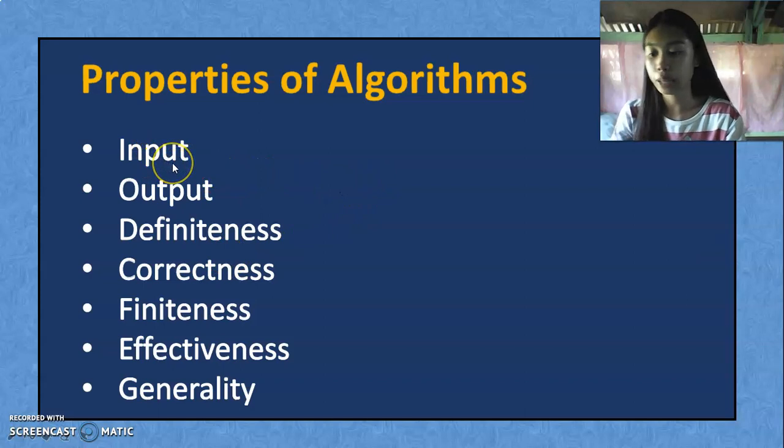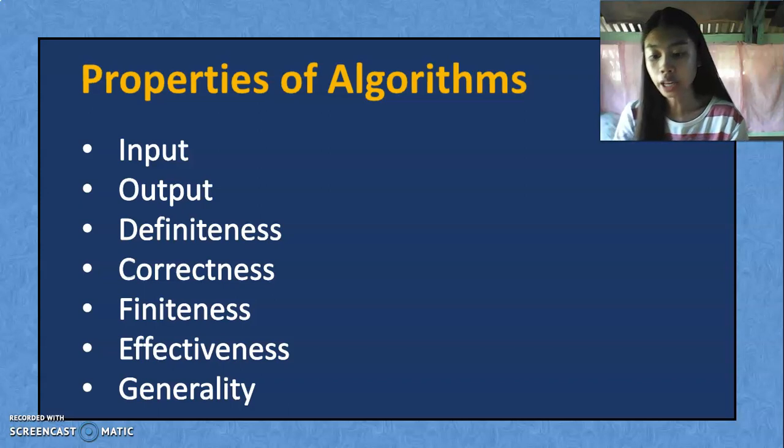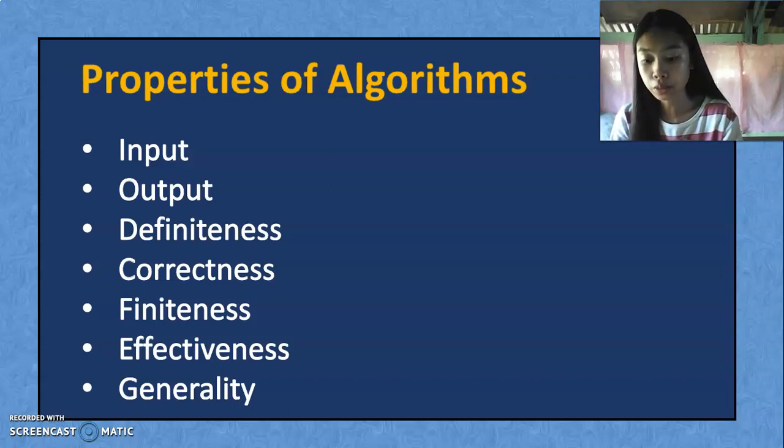Next. So, the properties of algorithms. First is the input. According to my research, an algorithm must be supplied with zero or some finite input values externally from a specified set in order to solve the computational problem and generate some output.